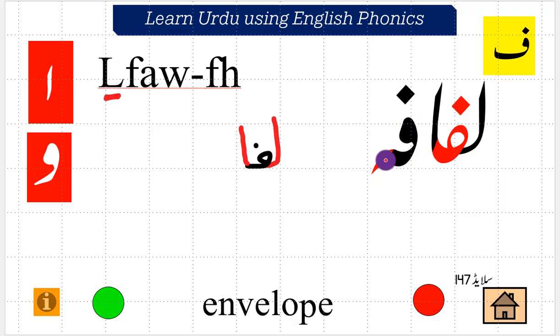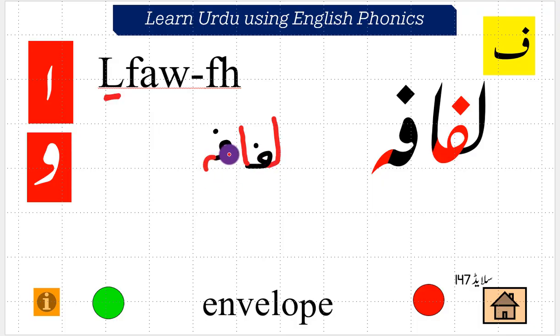We haven't read it until today, but I brought this word so that you understand how the f sound is used in the middle. L, fa, fa, la, fa, ha, la, fa. That's f. Let's write it correctly: f followed by a ha sound.